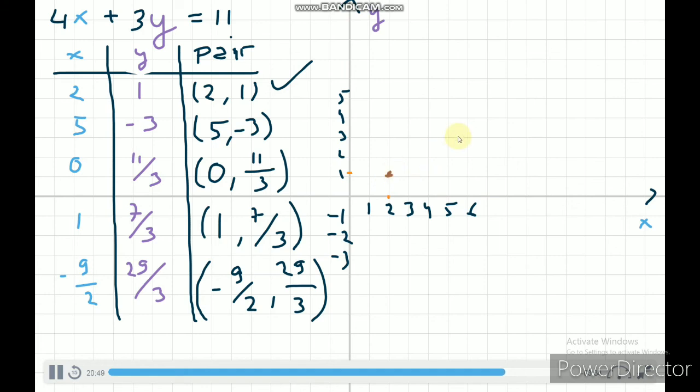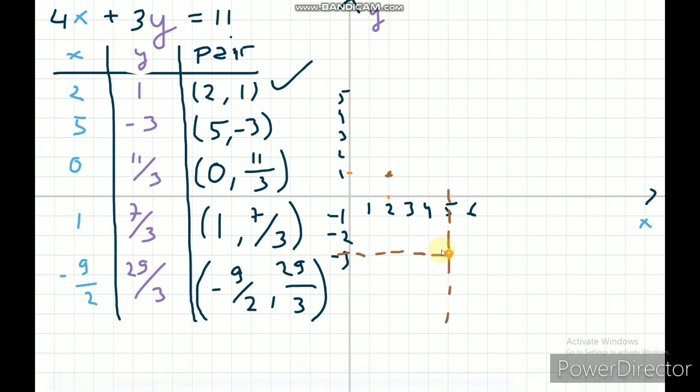And then the second pair is 5 comma negative 3. 5 is here for the x, and negative 3 is here. The intersection will be here.